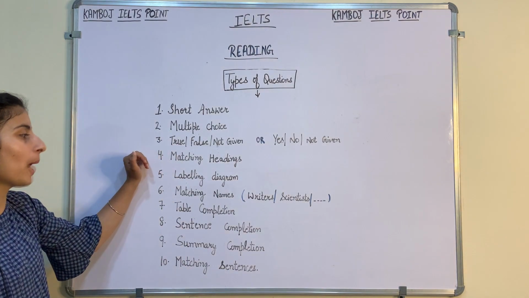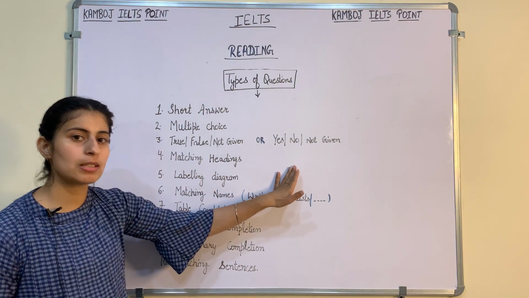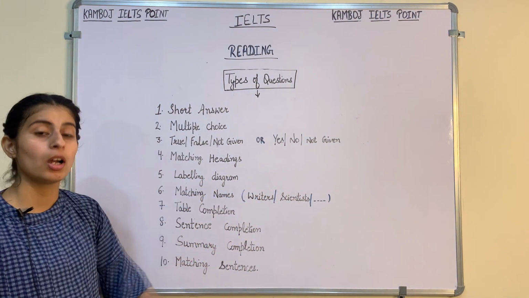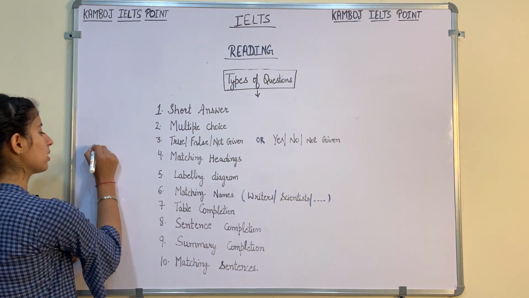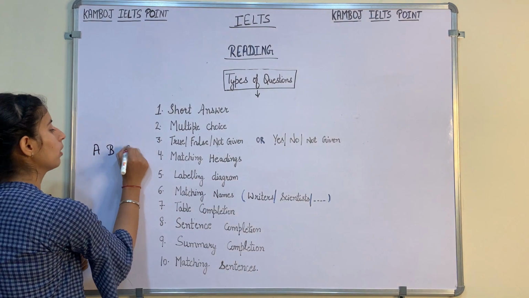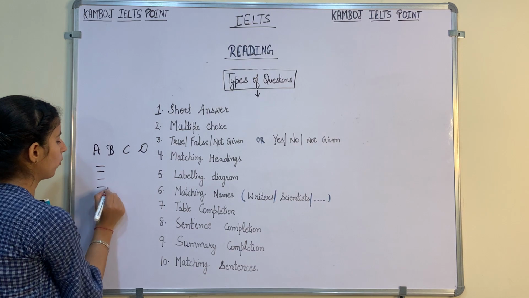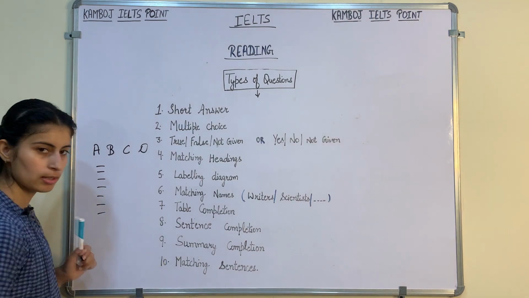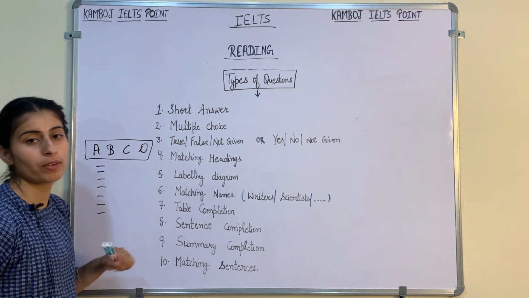The fourth one is matching headings. You will get some passages, and then you have to match a list of headings. That means if you get passages A, B, C and D, you will have 1, 2, 3, 4, 5, 6, 7 options. You only have 4 matching headings but you have 7 options.